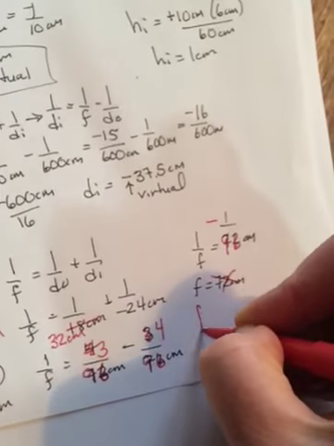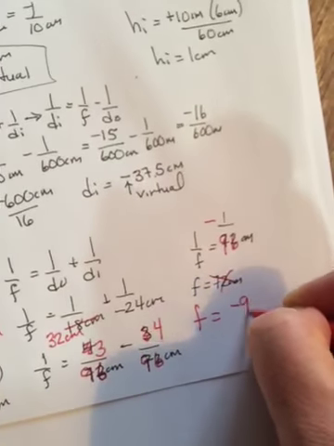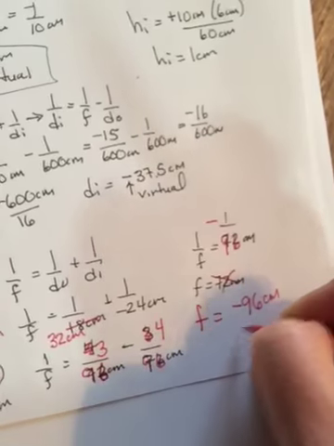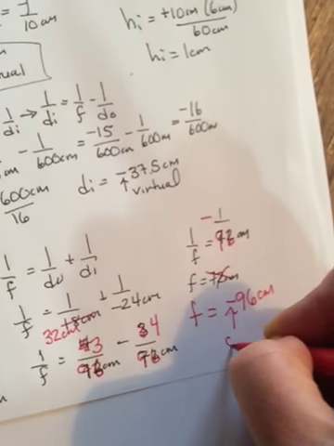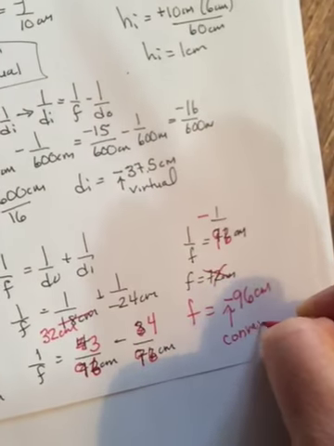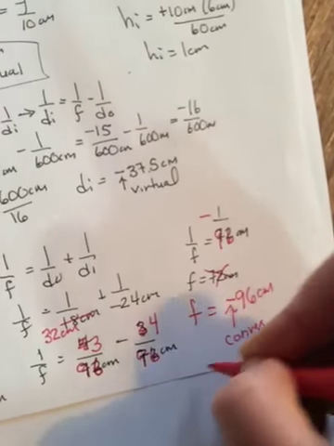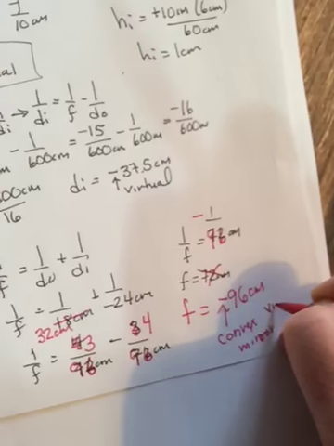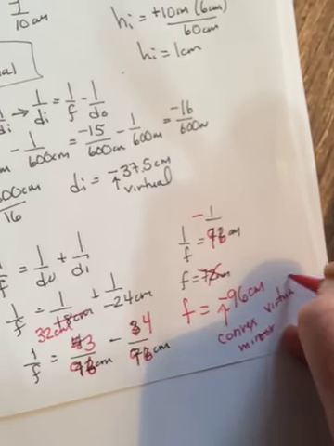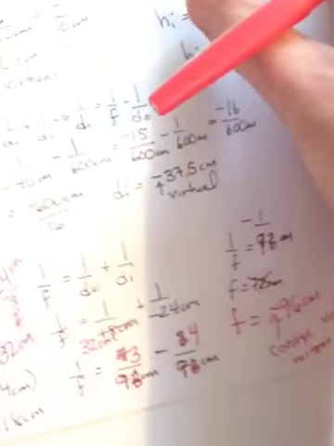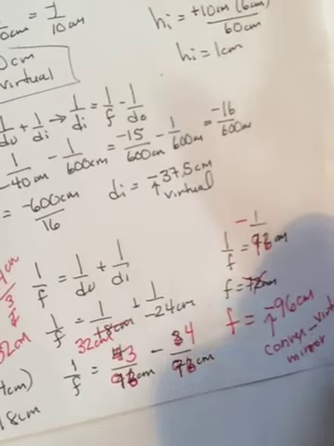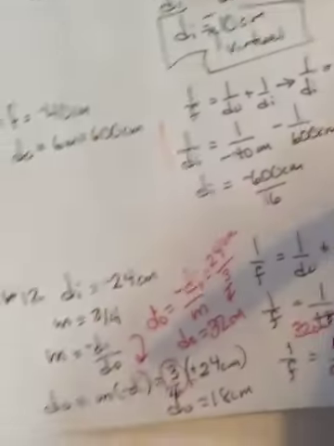And so the F ends up being negative 96 centimeters, negative because it's a convex mirror, and therefore virtual. Okay, there we go. Saved by the video running out so I could figure out what the heck I had done. All right, so that's number 12.